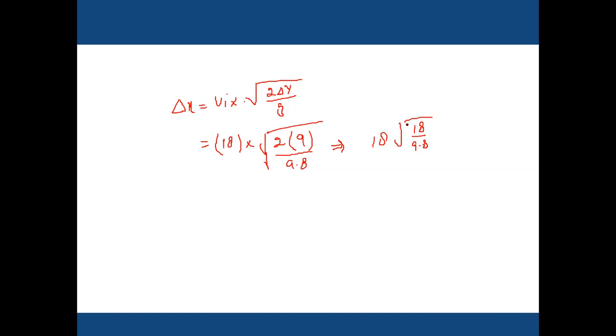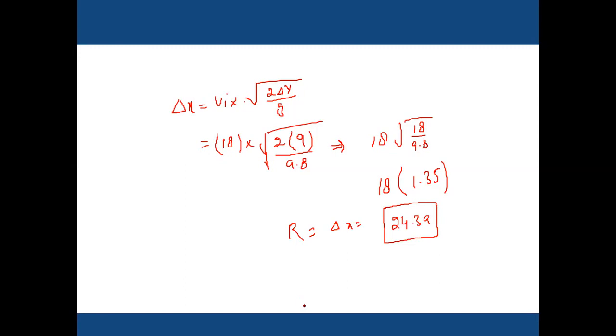So under the root 18 divided by 9.8, equal to 1.35. 1.35 multiplied with 18 equal to 24.39, or you can say 24.4. This is actually the horizontal distance, or you can say range.